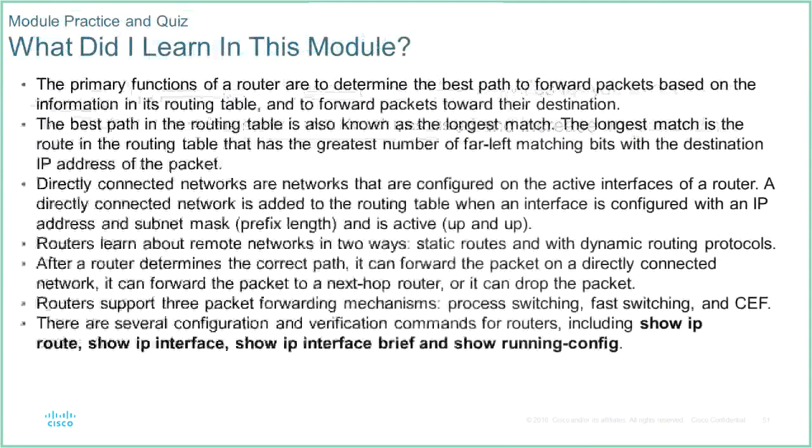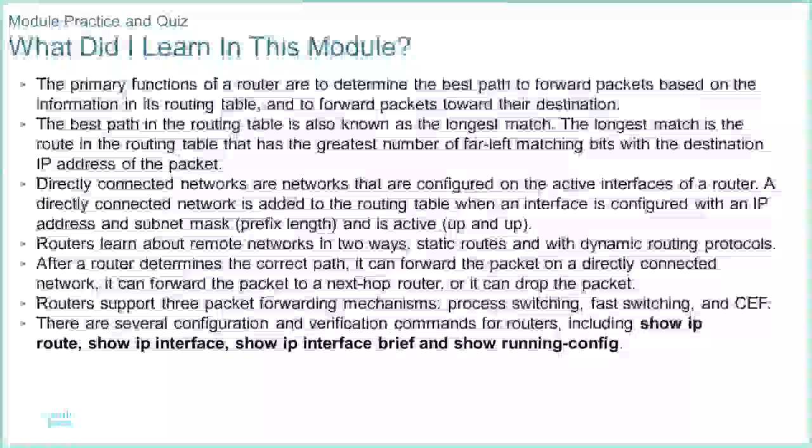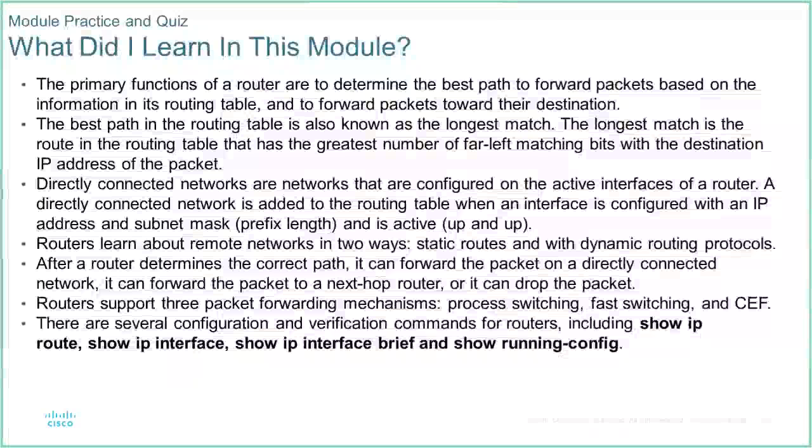So, in summary, what did we go through in this chapter? We looked at how a device, i.e. a router, determines what path to forward a packet. We looked at the fact that it uses the longest match of bits to select the best path.